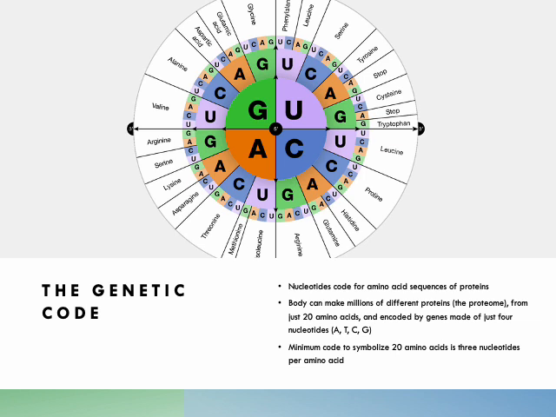And these are made from just 4 nucleotides, the A, T, C, and G. Those are the only 4 nucleotides that we get from DNA, and they can code to make millions of different proteins. The minimum code to make a 20 amino acid chain is 3 nucleotides. So 3 nucleotides will make 1 amino acid, and then we can make a 20 amino acid chain.